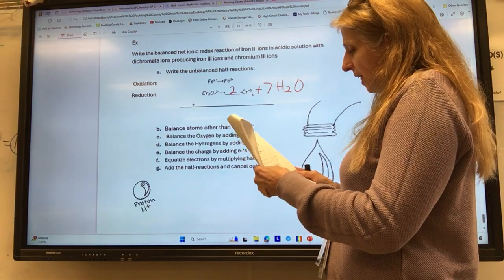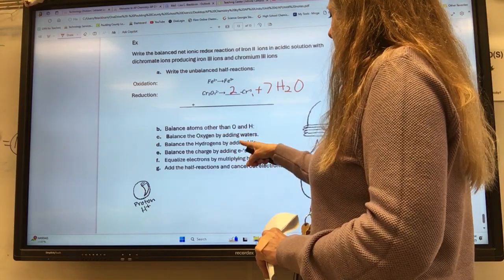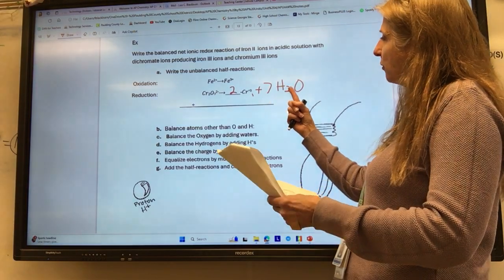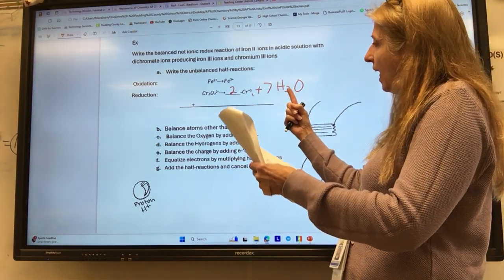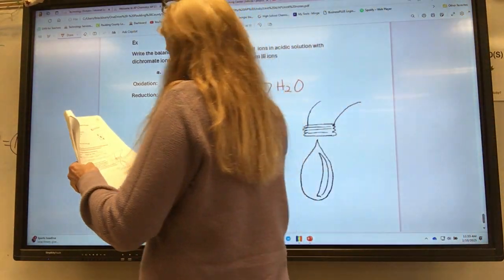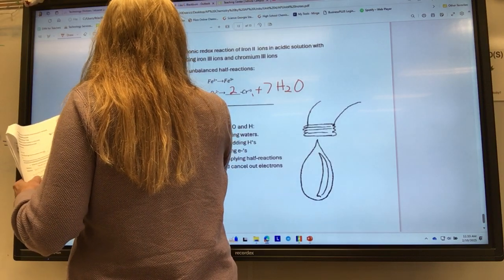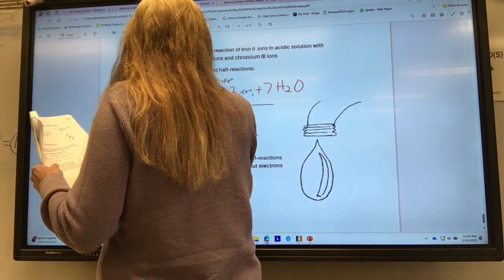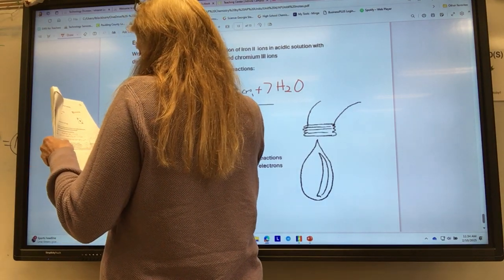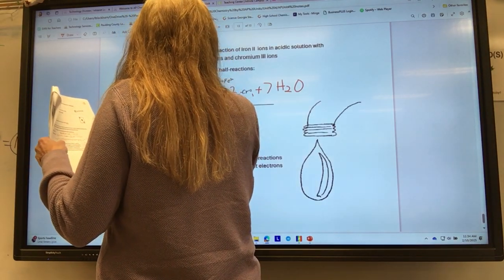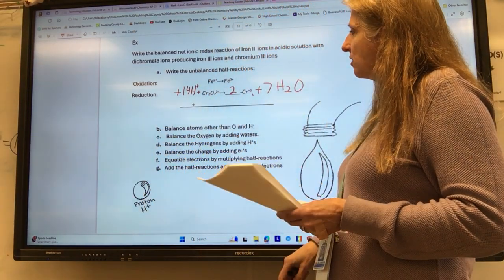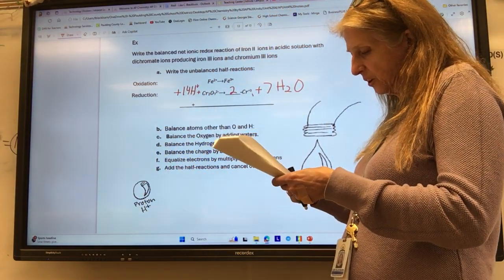Okay, then it says balance the hydrogens by adding H's. Well, I've got 7 times 2 is 14 H's over here. I can add 14 H's over here because this is an acid. And what does acid have? H's floating around, right? So I can add hydrogen ions right there. Okay, so now we're doing all right.